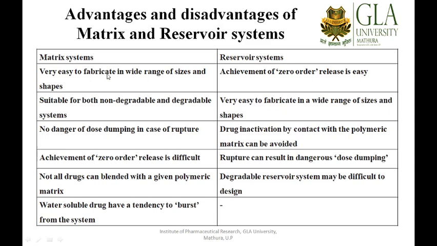It is very easy to fabricate, as I already mentioned, the matrix type in a wide range of sizes and shapes, whereas in the case of reservoir type we can easily achieve the zero order release, that is the required kinetic release we are desiring, and matrix type are suitable for both non-degradable and degradable systems, whereas reservoir systems are easy to fabricate with a wide range of size and shapes.